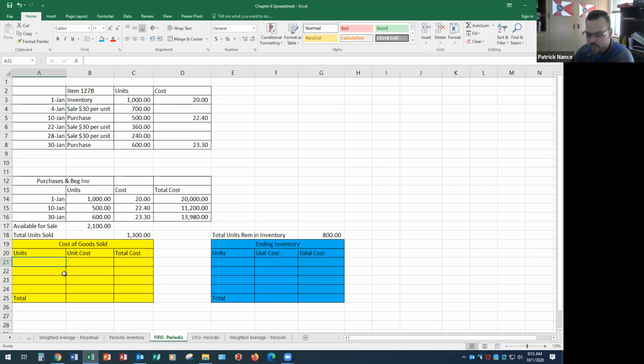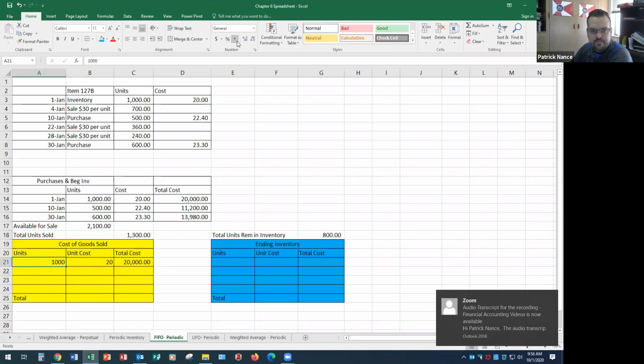So I know I'm going to sell all 1,000 units, because it's over 1,000, at $20 apiece for a total cost of 20,000. And then I need 300 more, and I have 300 more in this layer. I'm starting from the top because I'm using FIFO.